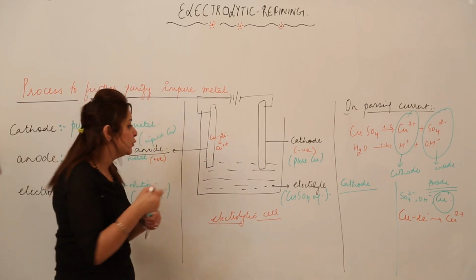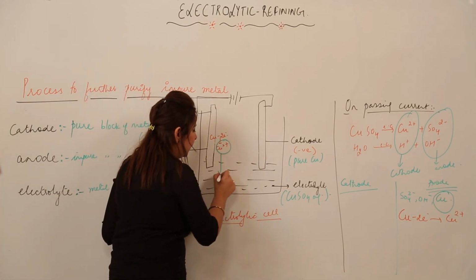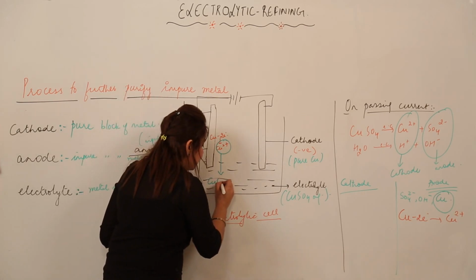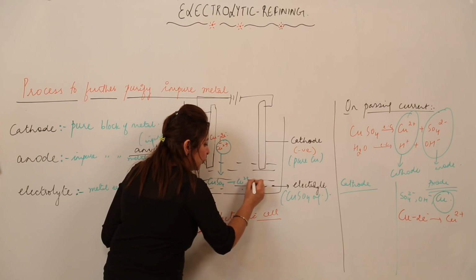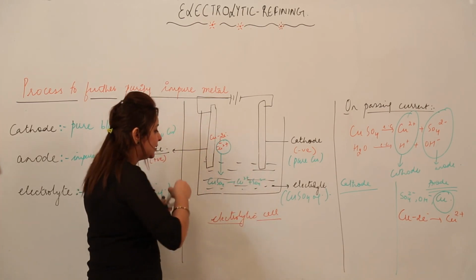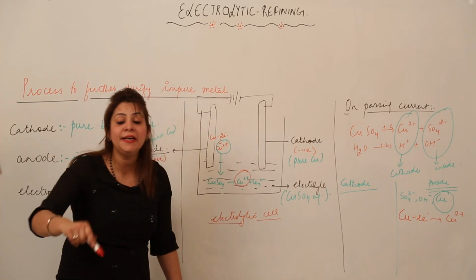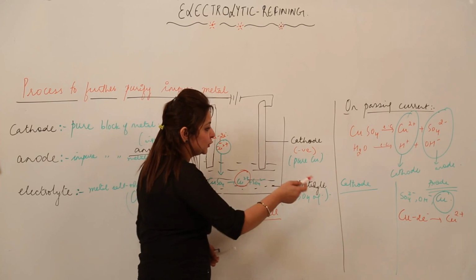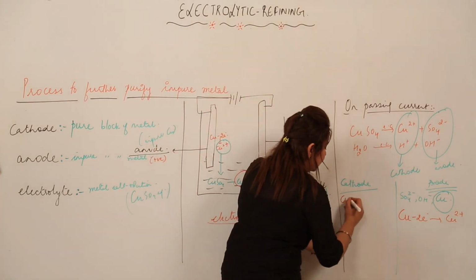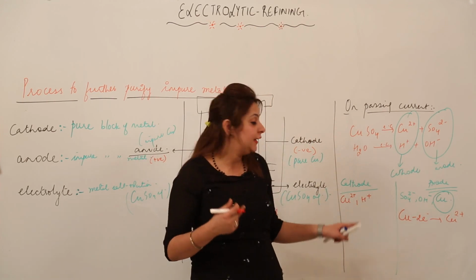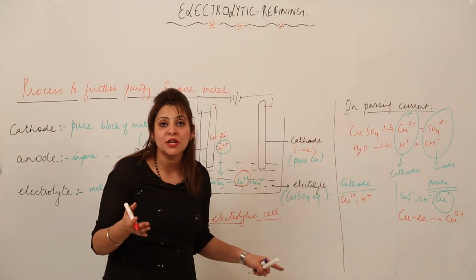And where do these Cu2+ ions go? They go into the solution, and the solution already has Cu2+ and sulfate ions. So that means the concentration of these Cu2+ ions is going to increase in the solution, and then these Cu2+ ions, as you know, at cathode Cu2+ and hydrogen ions go, and out of them the Cu2+ ion has a lower discharge potential.